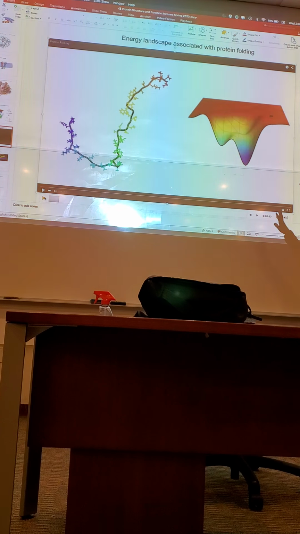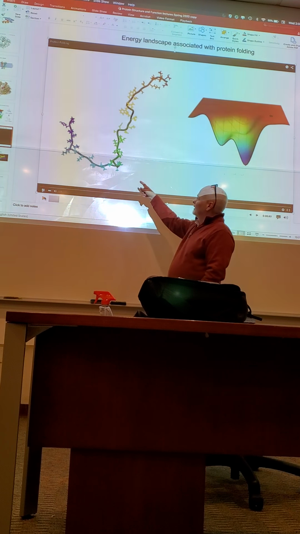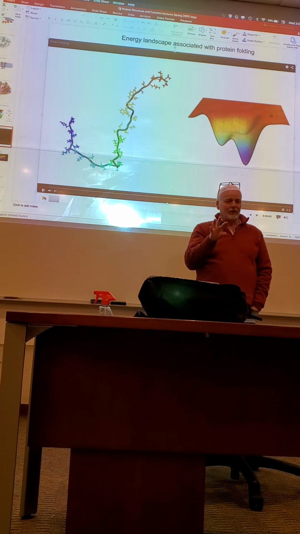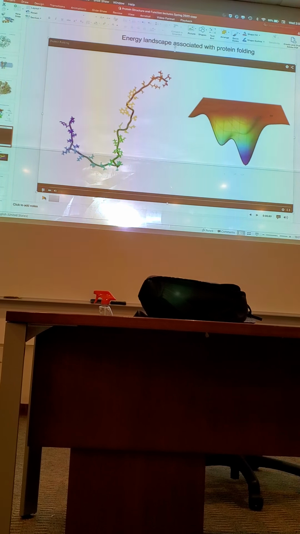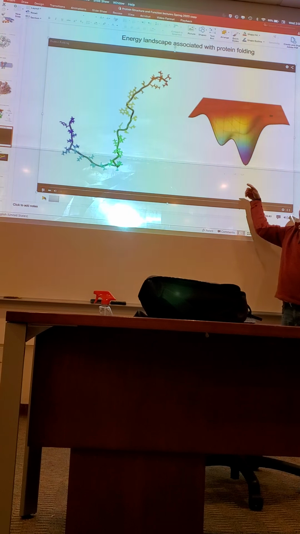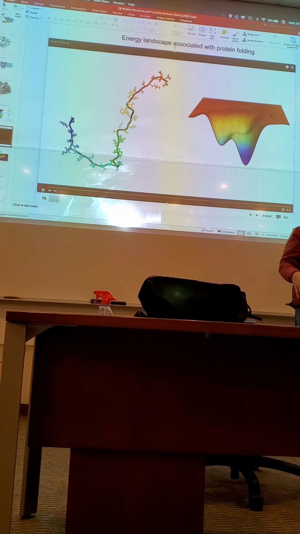And so what we're going to do is watch both sides of the screen at the same time. And this will be our polypeptide struggling, searching through different folding conformations to see which ones it can find that are lower energy. And then this is the energy landscape over here, where the trough in blue represents this lowest energy state, and red would be the highest energy state.